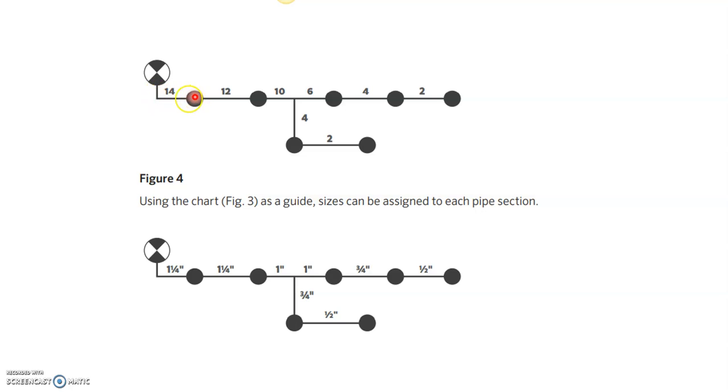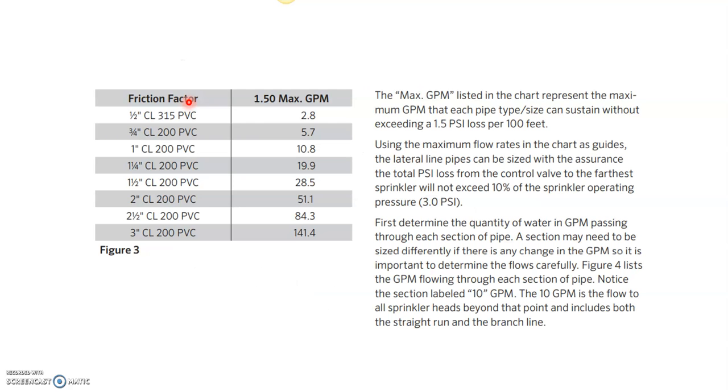You need to keep that in mind. If this section needs to supply 14 gallons per minute, what should be the appropriate size for this particular section? 14 gpm falls between 1 inch and 1.25 inch diameter, so obviously we need to go with 1.25 inch, which means 1 1/4. We need to size the pipe within this range.